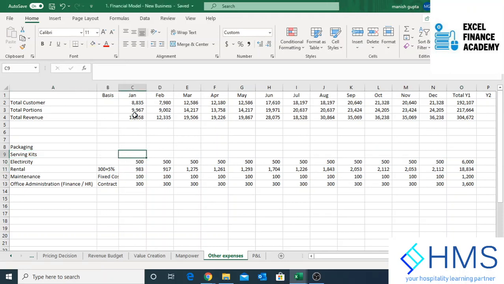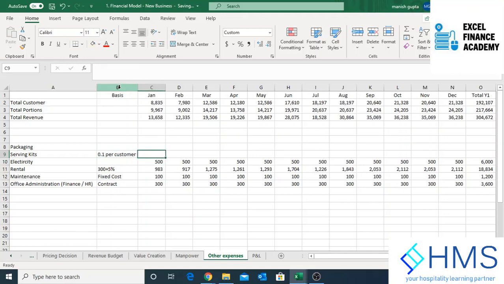Serving kits usually will depend on number of customers, right? So number of customers will be here. So let's say it's gonna cost you maybe 0.2 cents or 0.1 cent, so 0.1 per customer. If you want to link it with this, you have to put it into separate columns, otherwise you can just use 0.1.